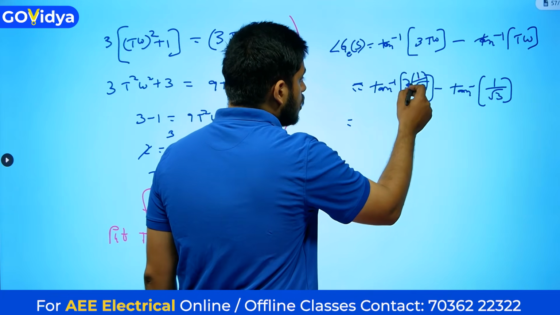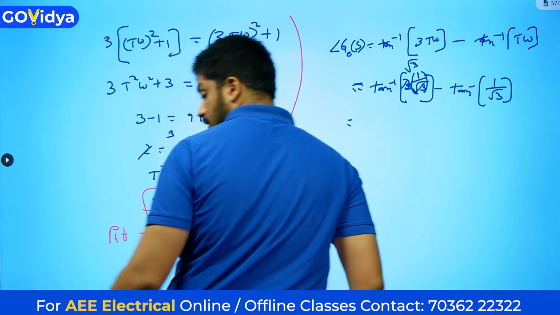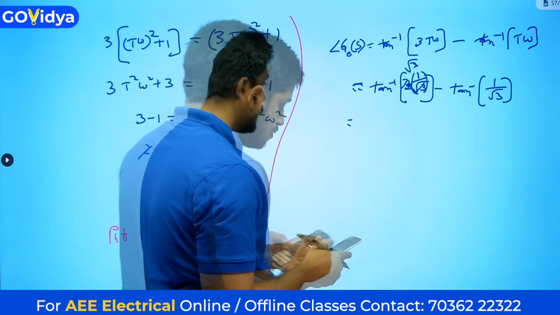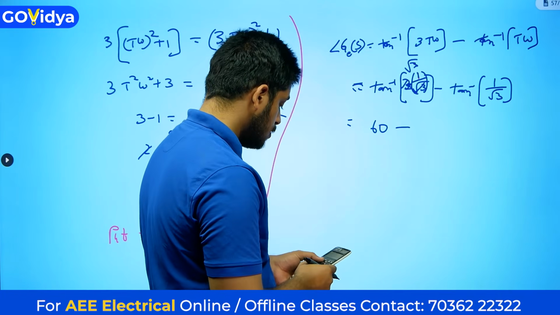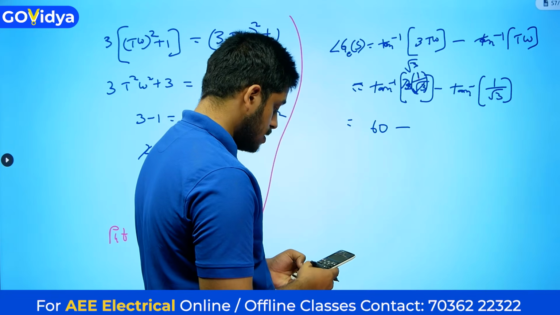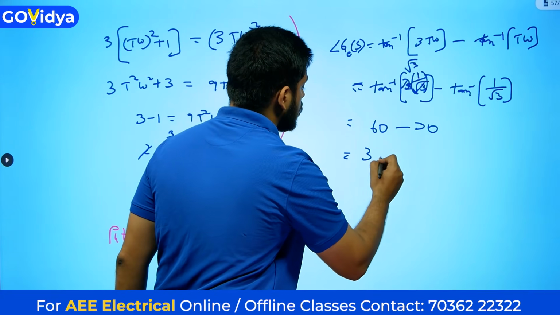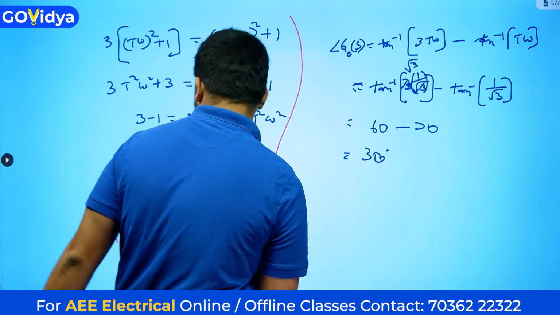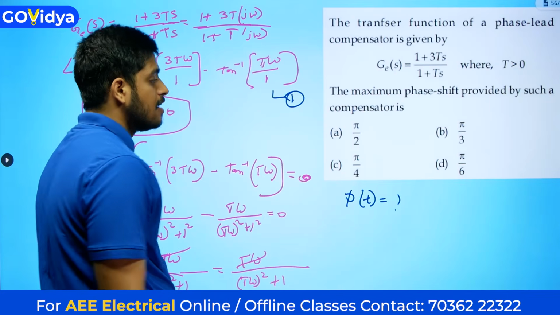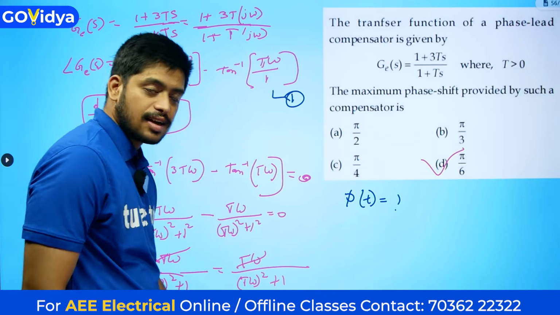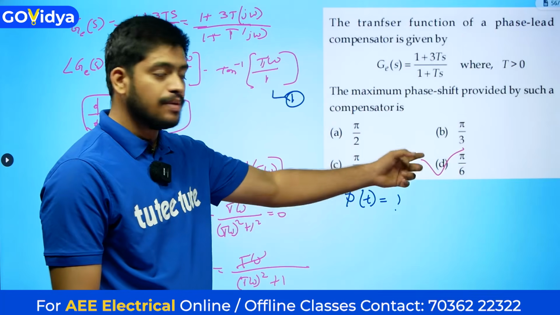Tan inverse of root 3 is 60 degrees, and tan inverse of 1 by root 3 is 30 degrees. So 60 minus 30 is 30 degrees. 30 degrees is my maximum phase shift provided. 30 degrees can be represented as pi by 6. So the final answer is that the maximum phase shift provided will be pi by 6.